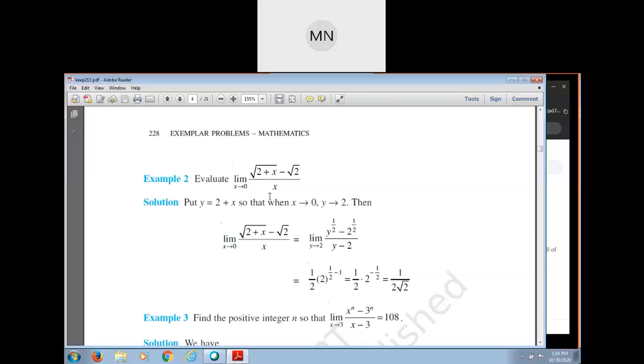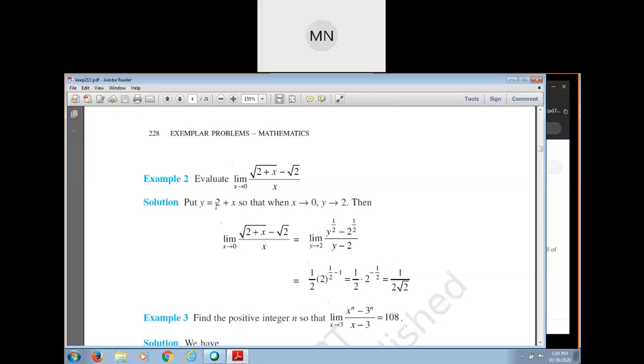So, we put y equals to 2 plus x. So, this term becomes y to the power half minus 2 to the power half, and this will be x.